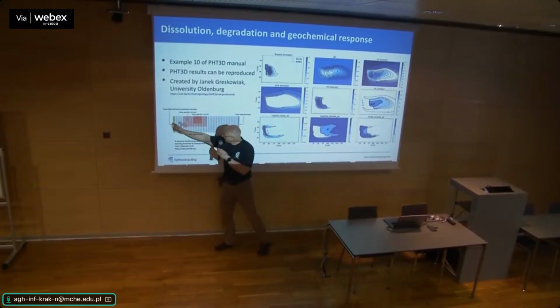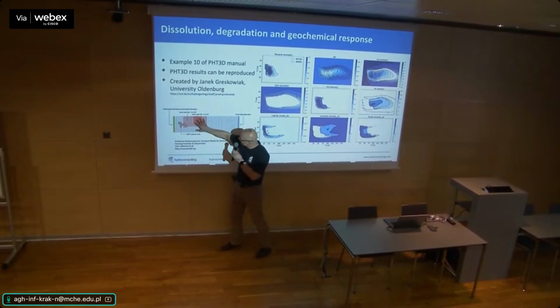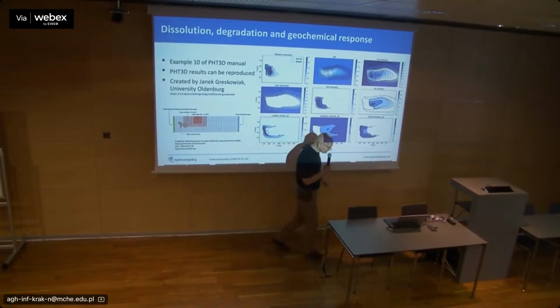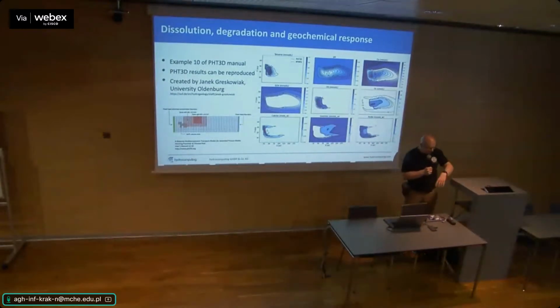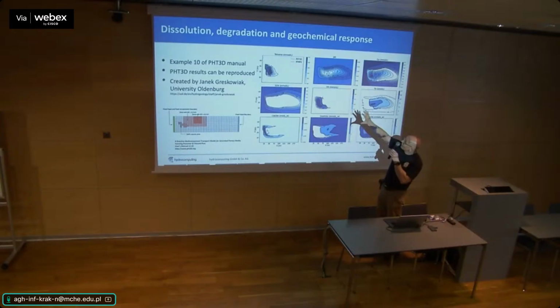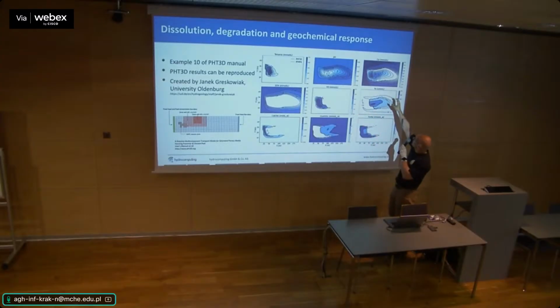You have a flow in this direction, and you have different zones, and you have NAPL, which is a non-aqueous phase liquid, like a kind of hydrocarbon, black petroleum or something like this. Those are other things that have different densities and flow differently. And you see, you have toluene, which is one of them, and many of these different constituents. You see that's going off, and you have the pH value, calcium, and so on.